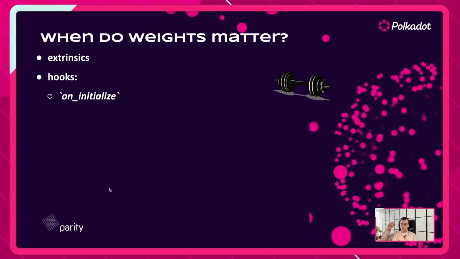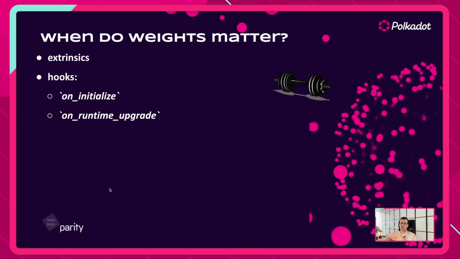But while talking about hooks that matter for building blocks and take some of the weights, there are three. At first we have the onInitialize hook. That hook is triggered with every block at the very beginning of the block creation process. For that hook, we need to provide how much weight will be used.